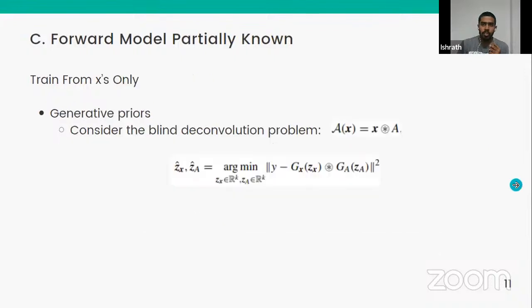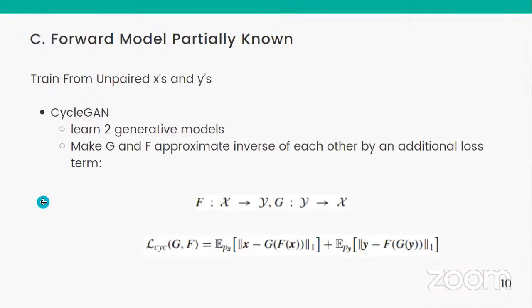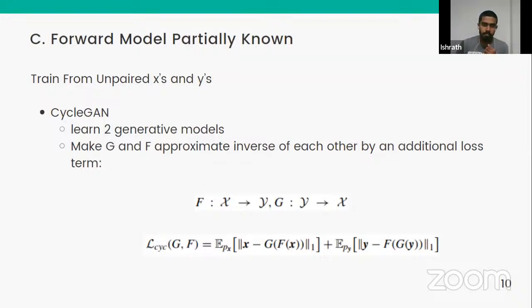Let's move on to the next. So Ishrath, if you go back. So f and g have to be inverses of each other, right? Yeah, correct. Is it strictly imposed or not?